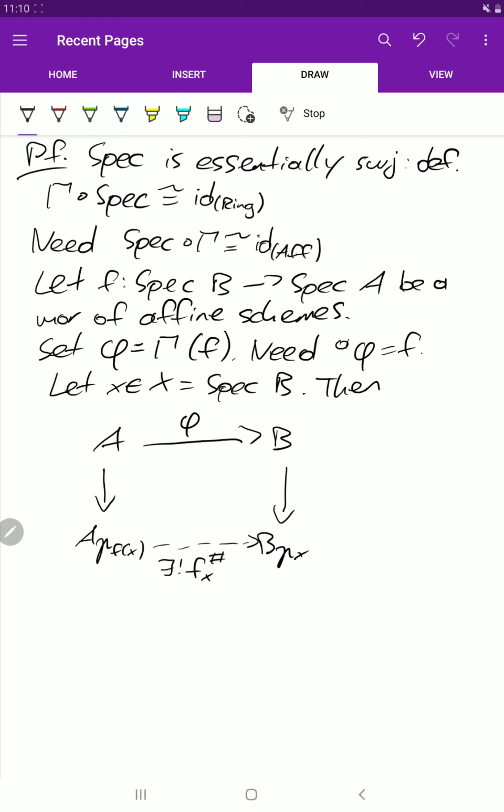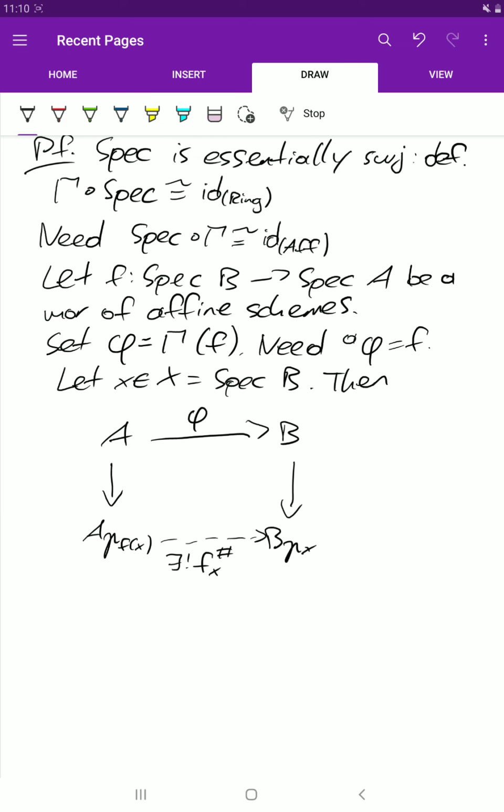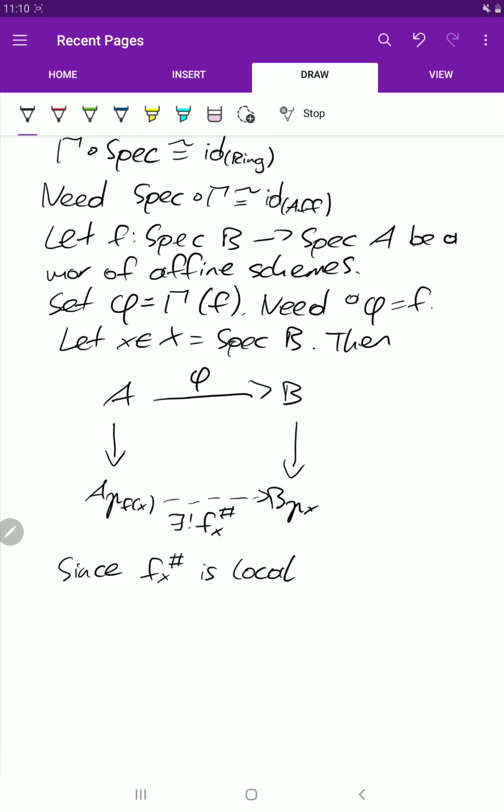We know it exists because we just have this morphism of affine schemes, and it's also unique. We also know that it's local, because a morphism of affine schemes is a morphism of locally ringed spaces, which means that the maps on the stalks have to be local.